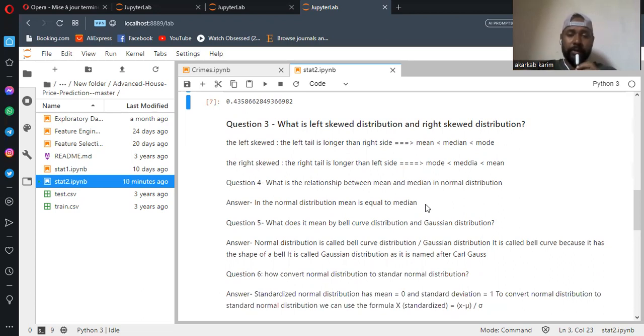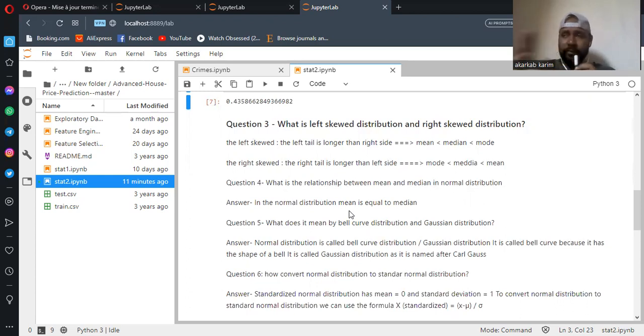When we talk about a normal distribution, that means the left side is the same as the right side. The advantage of that is that the value of the mean is the same as the median, because the center of data is concentrated in the middle.